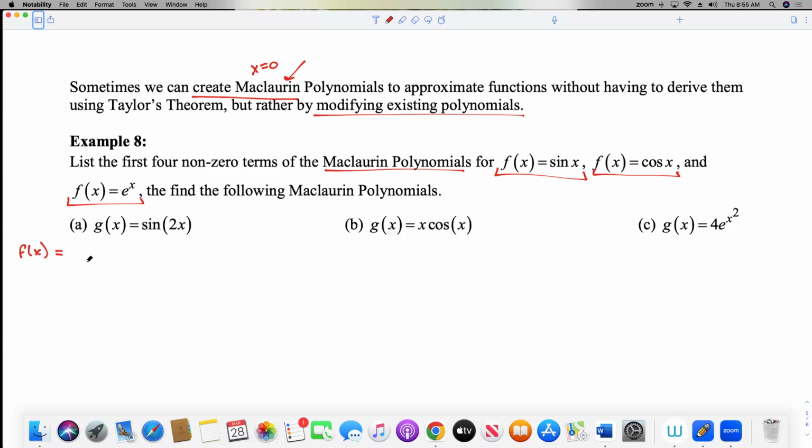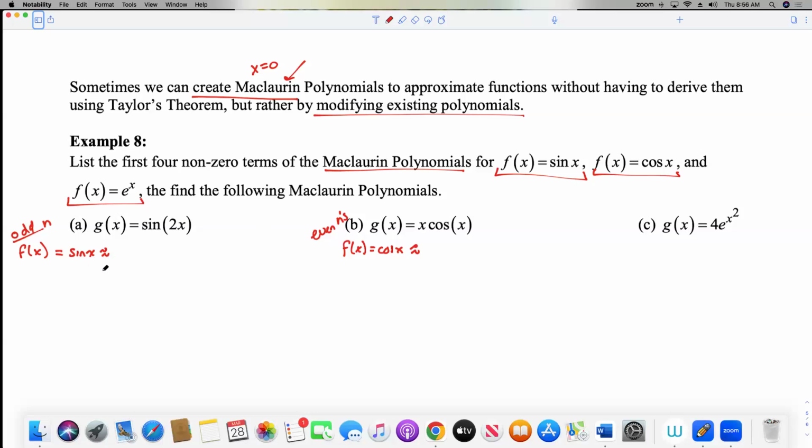But you will notice that the difference between sine of x and cosine of x is that sine of x takes the odd nth degrees, so the odd n's, and cosine of x is the even n's. And it does alternate between positive and negative.